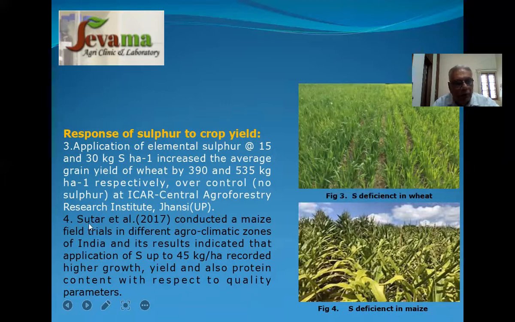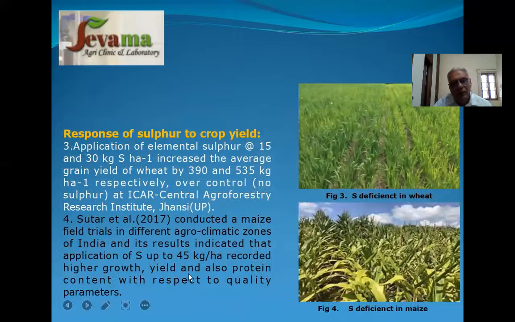Sutar and co-workers in 2017 conducted a maize field trial. Maize means corn. Field trials were conducted in different agroclimatic zones of India, and the results indicated that application of sulfur up to 45 kg per hectare recorded higher growth, yield, and also protein content with respect to quality parameter.